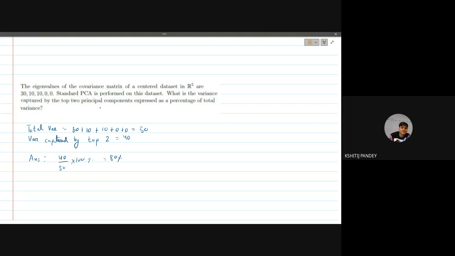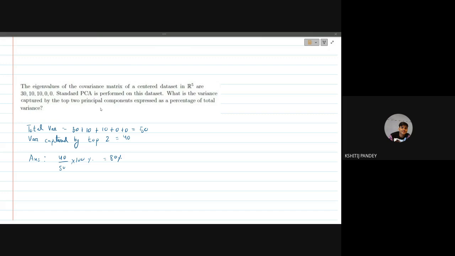Okay, is there any doubt? Suppose we have, here itself, the second and third are the same, right? Can we say that as the top three, because both have the same values, 10 and 10? Yeah, that can happen. Could you repeat your doubt?